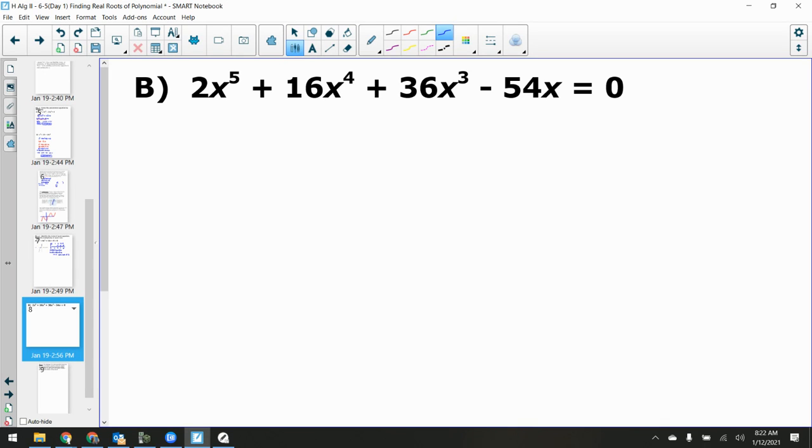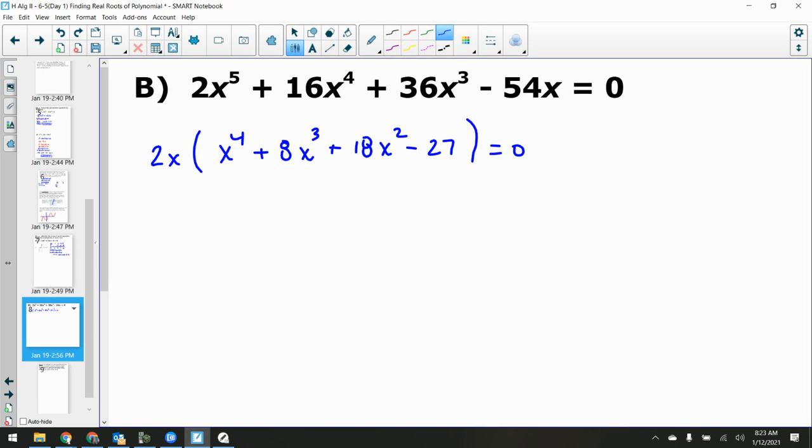Is there any GCF? A 2x. Let's pull it out. Leaving us with x to the 4th plus 8x to the 3rd plus 18x squared minus 27.